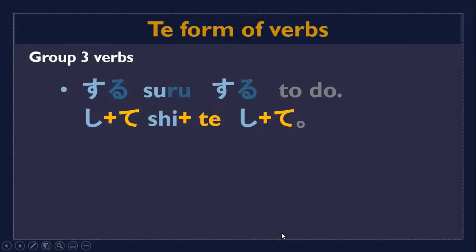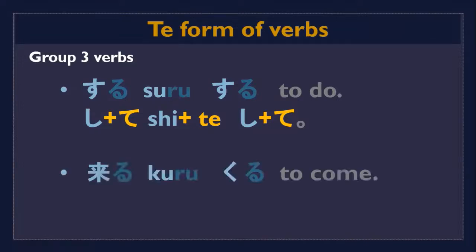Very easy. Now let us look at to come. Okay, the group 3 verb, there are only two, to do and to come. So kuru. Okay, this is ku and ru. This is the kanji for come, to come. Ku and ru. So to come is kuru.